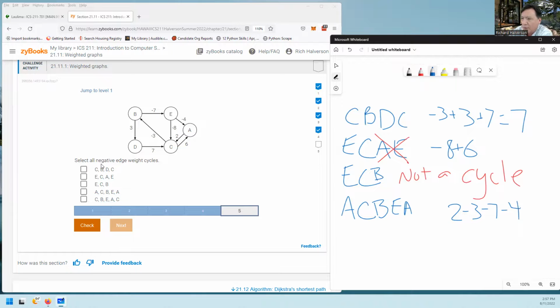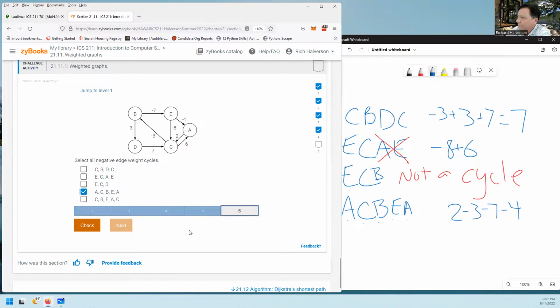Okay, let's get this right. A to C is +2, and then C to B is -3, and B to E is -7, and E to A is -4. And it's a cycle, and that's a minus number. So yes, that is definitely a negative edge weight cycle.